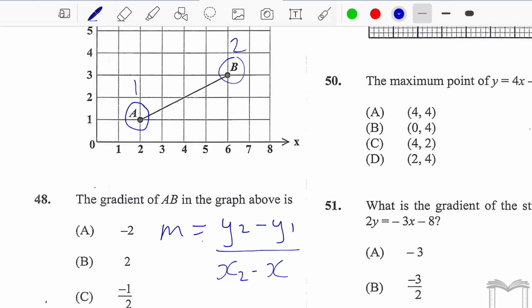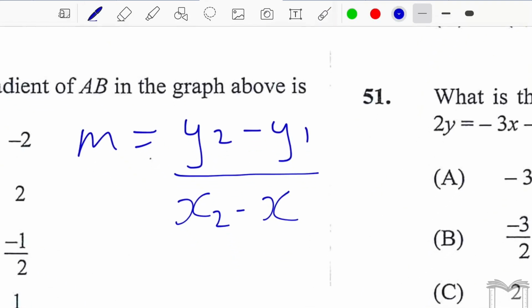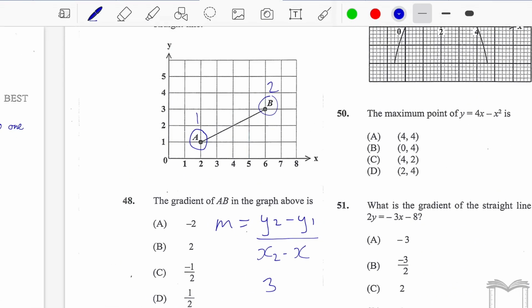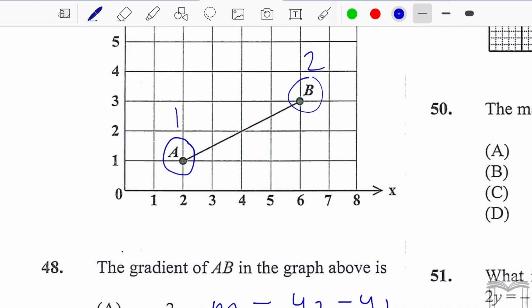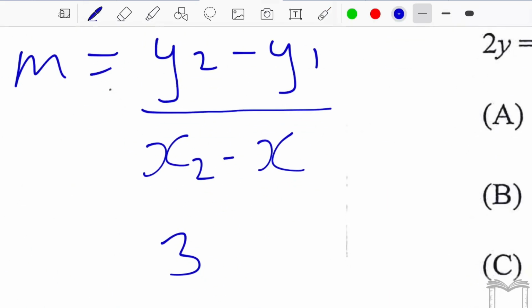So it means that the y value for B would be 3, and the x value would be 6. So that would be 3. The y value for A is 1.